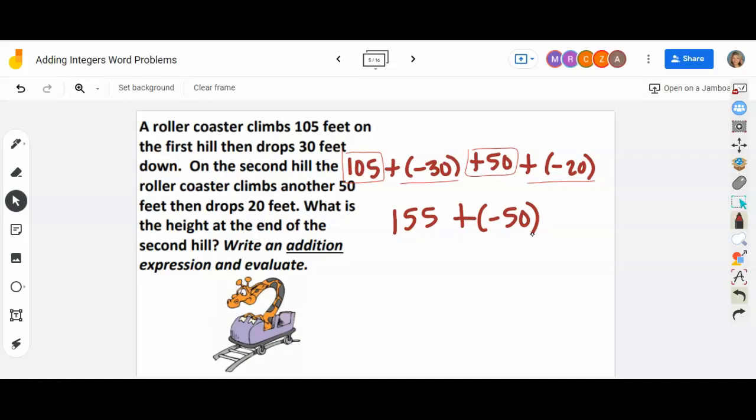Keep doing that. But if you're looking for a shortcut, you can say, okay, well, commutative property says I can add in any order. Let me go ahead and add my positives, add my negatives, and then I'll find the difference at the end. And the difference between 155 plus negative 50 is positive 105 feet.